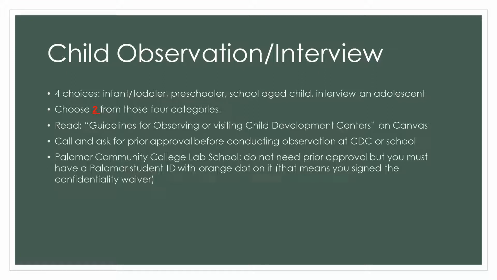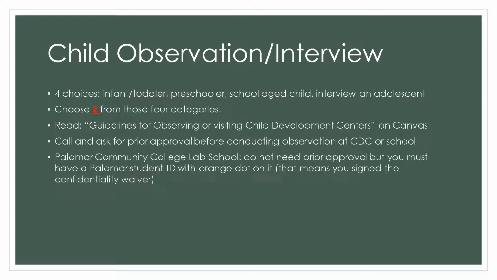You don't need prior approval to go to Palomar Community College's lab school, but you need to have a Palomar student ID. When you enroll in Palomar for $12, you can get a student ID card, and this gets you free or discounted tickets to the movies and a whole lot of other things that you can take advantage of.